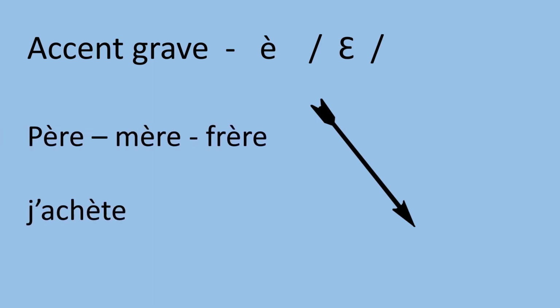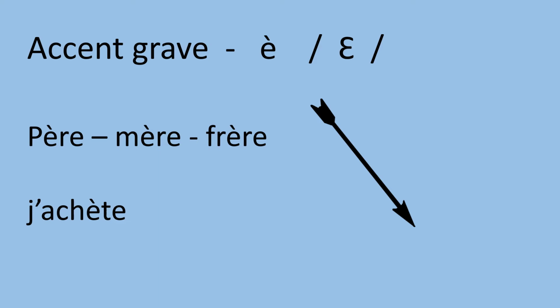Some examples. You know all these words already. Père, mère, frère, father, mother, brother. And you always say père, mère, and frère. Or j'achète, which is I buy.